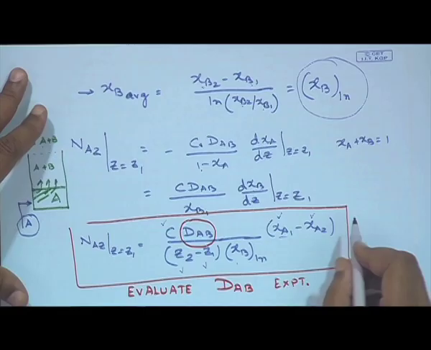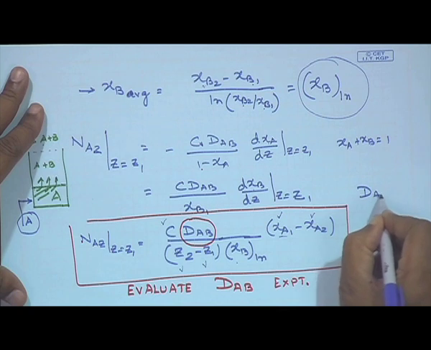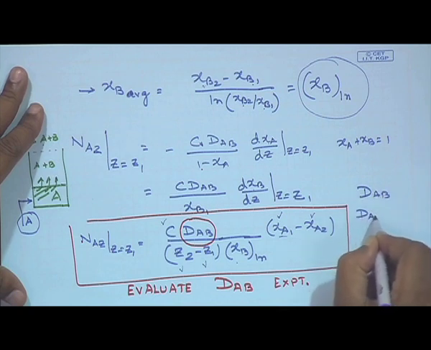So, not only do you measure the diffusion coefficient of A in B, but you also find out how the diffusion coefficient changes with temperature. So, this is a nice experiment to obtain DAB and DAB as a function of temperature.